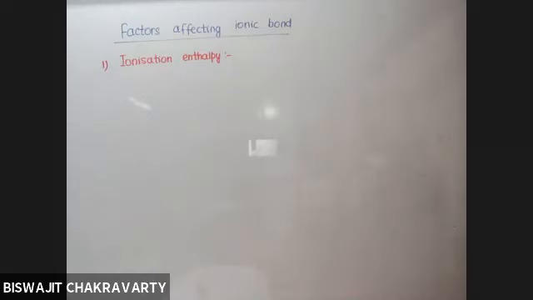Lower the ionization energy required, more easily is the cation produced. Higher the ionization energy required, with difficulty the cation will be formed.